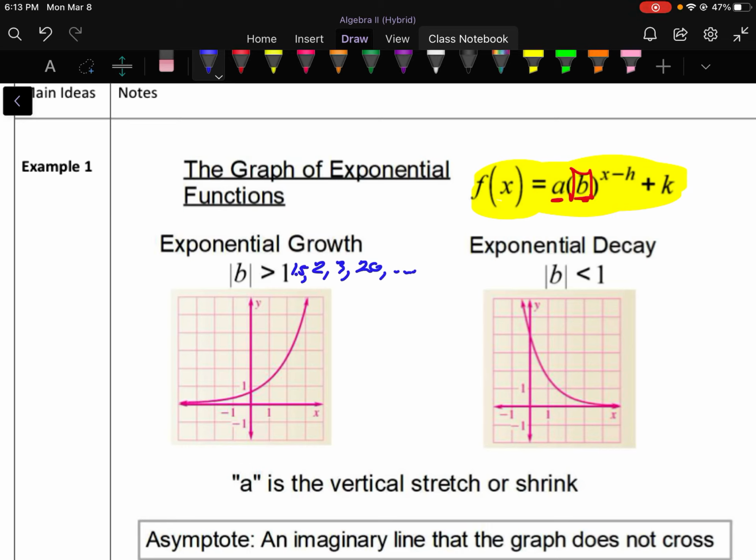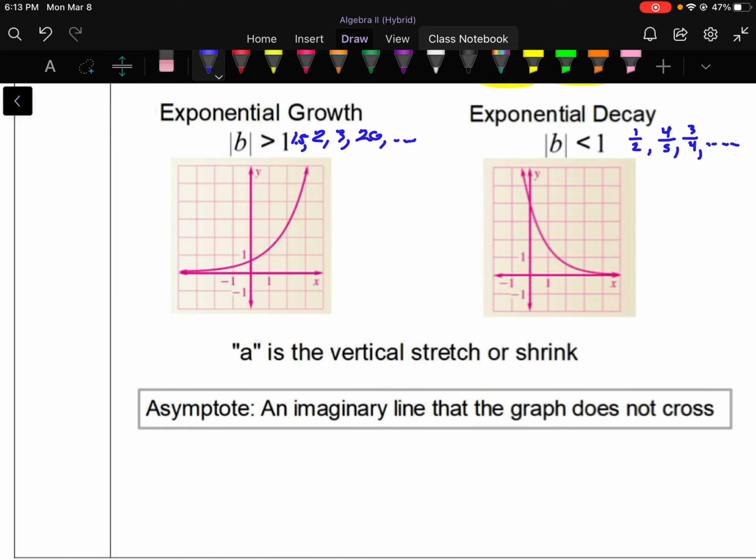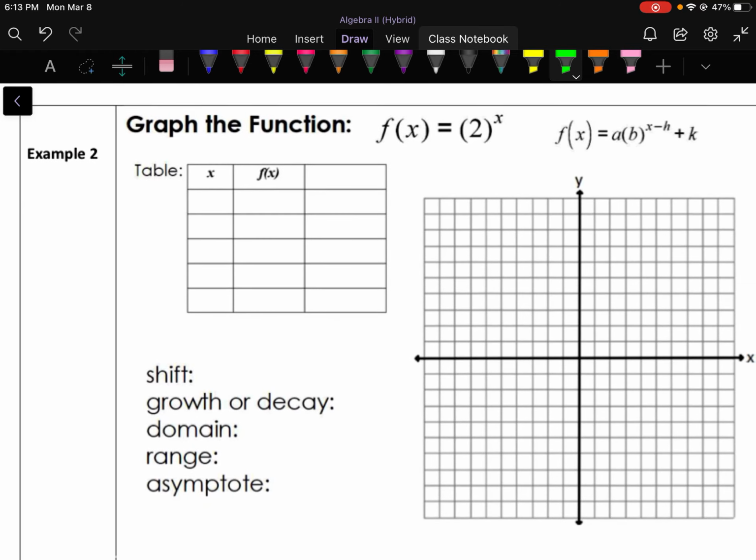If your b value is less than 1, so something like 1/2, 4/5, 3/4, so on, you're going to end up with exponential decay. Again, a is the vertical stretch or shrink, and that word asymptote's back again. That is just an imaginary line that our graph cannot cross. So let's jump into graphing.